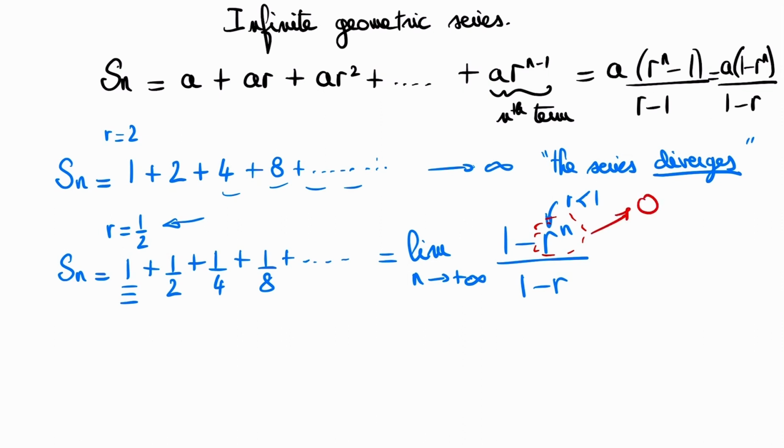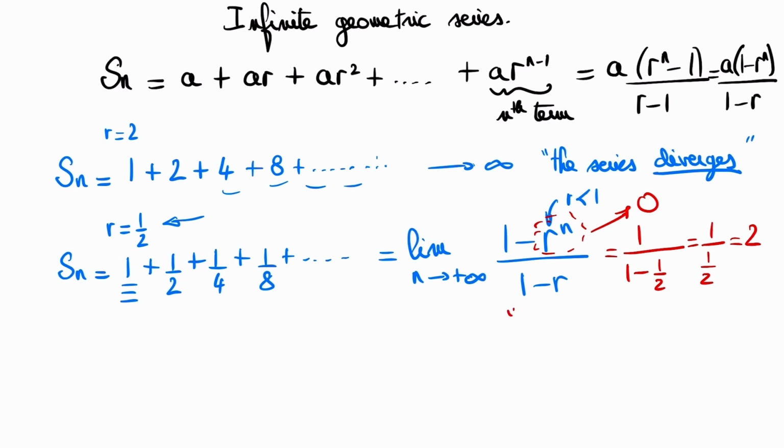R is a constant, 1/2, so the limit is going to be 1 over 1 minus 1/2, that's 1 over 1/2, so it's going to be 2. So this infinite series tends towards 2, and in that case we say the series converges because it tends towards a finite limit, which in that case is 2.